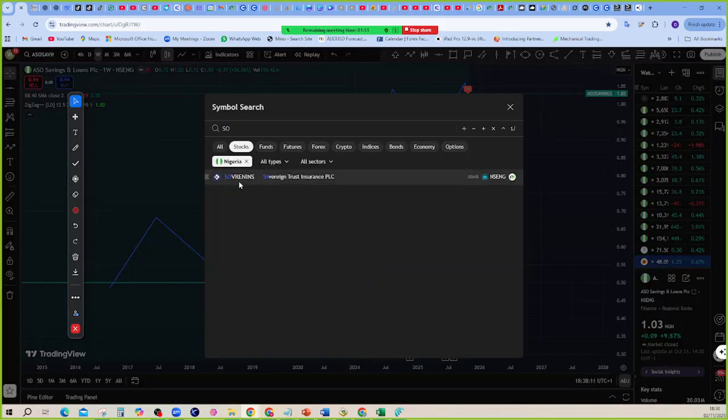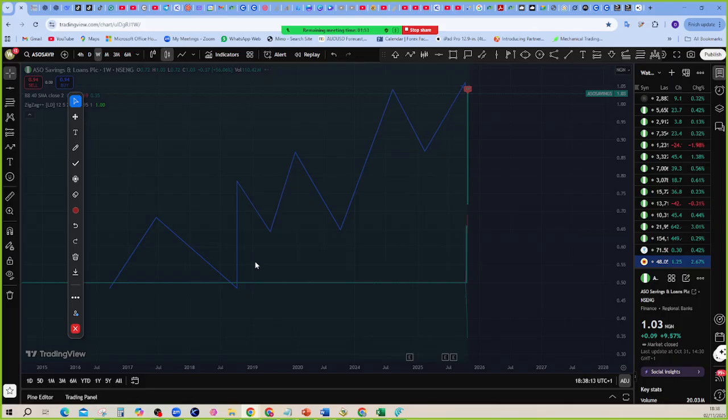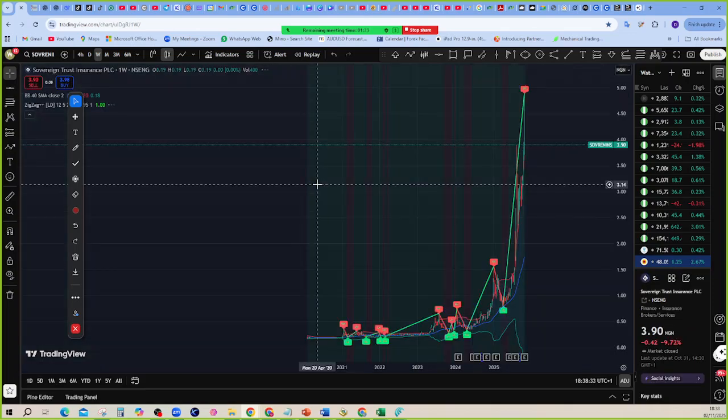For sovereign trust, I think it's also going to be a pullback. So let's check for sovereign trust. All right. Sovereign trust. Okay.